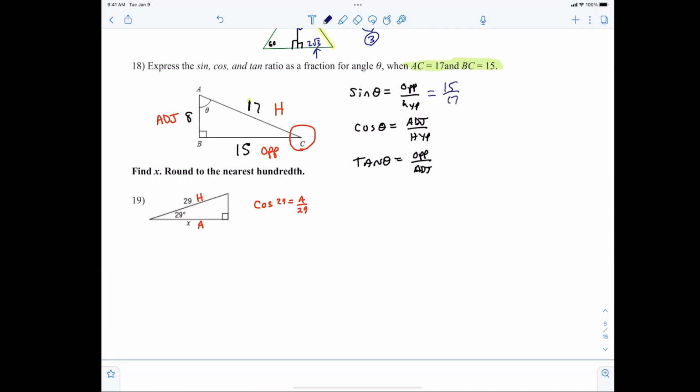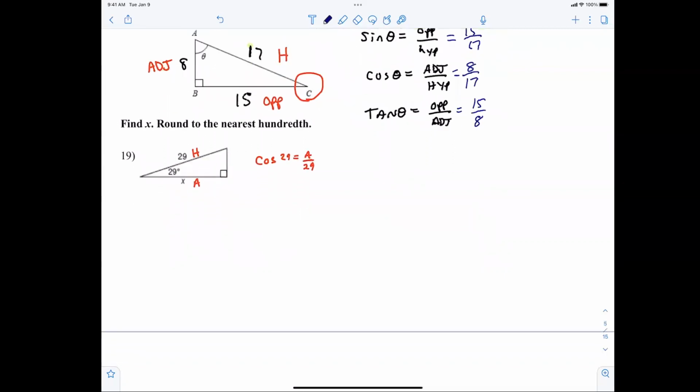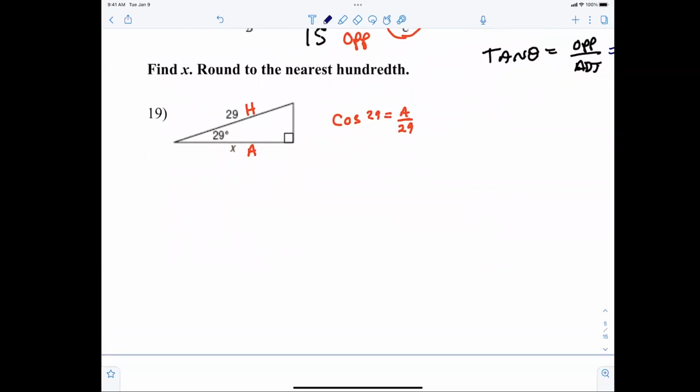What's cosine theta? 8/17. And tangent? 15/8. And we set this one up, correct? Cosine 29 equals A over 29. So A is approximately what?